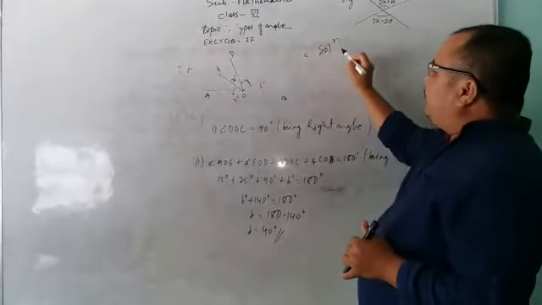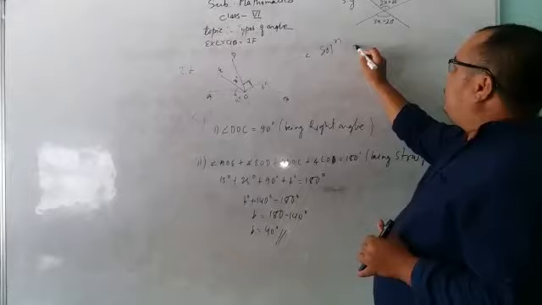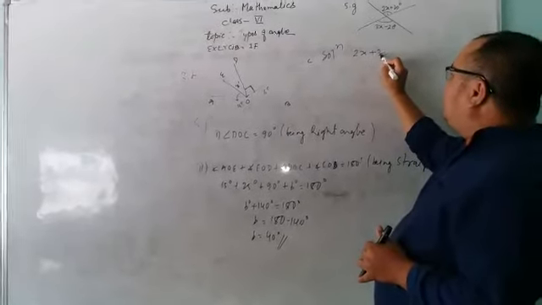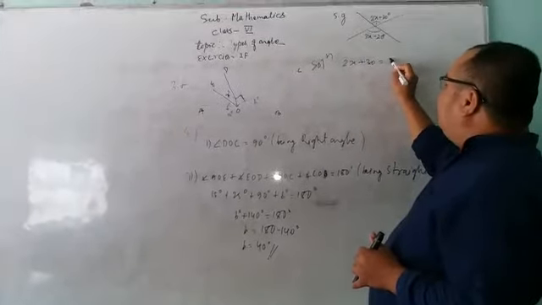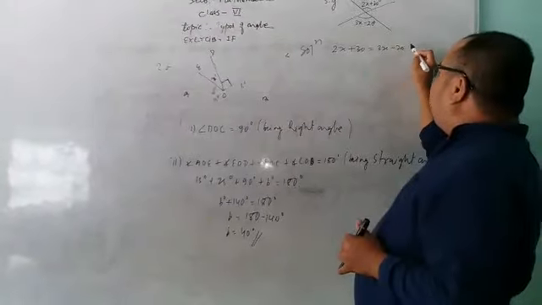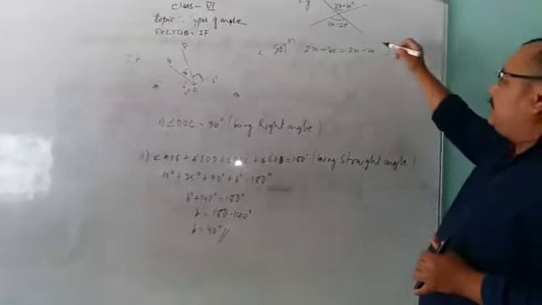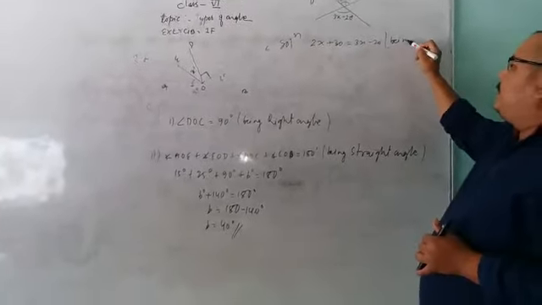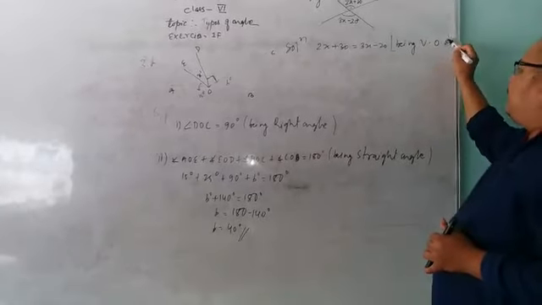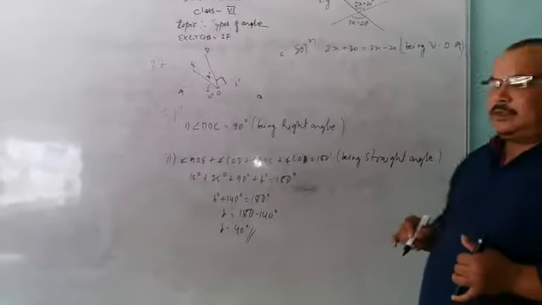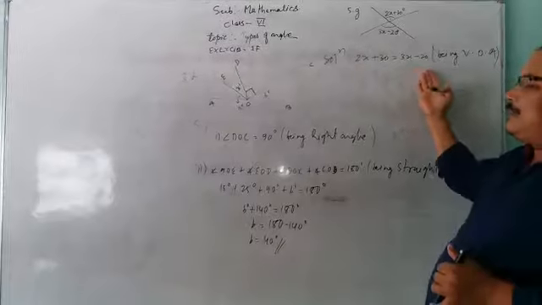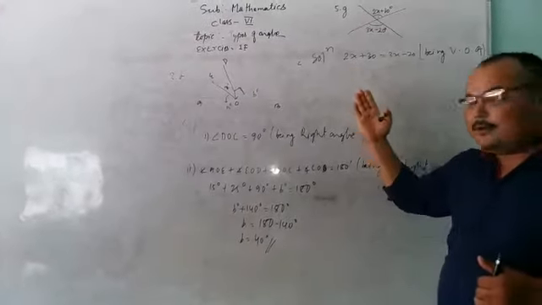So write down the solution. We write 2x plus 30 degrees is equal to 3x minus 20 degrees. Reason: being vertically opposite angles. Okay. Now the equation is formed. So what do we do now?